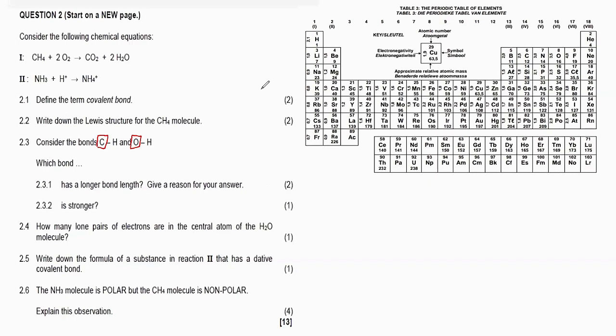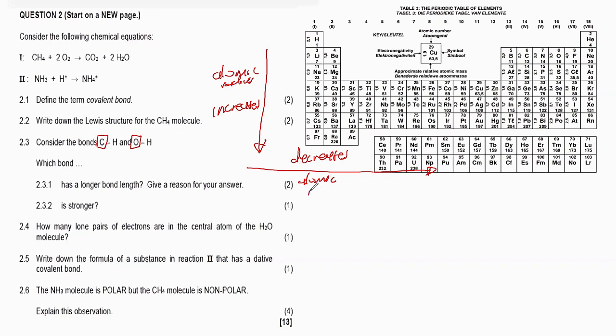We know the relationship of the atomic radius with the periodic table is that the atomic radius increases as we go down the periodic table and then decreases as we go across the periodic table, meaning from left to right.